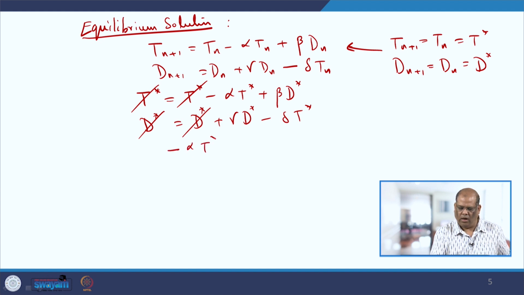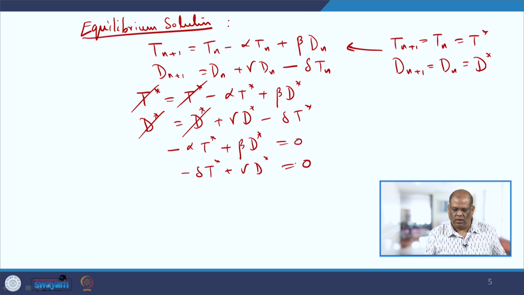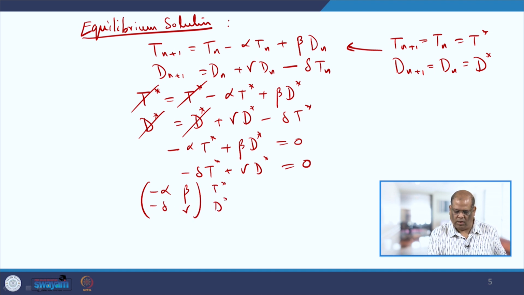minus alpha T star plus beta D star and minus delta T star plus gamma D star, both equal to 0. So you solve this, and if you write it in matrix form, this will be the matrix with rows minus alpha, beta and minus delta, gamma, times T star, D star, equal to 0.